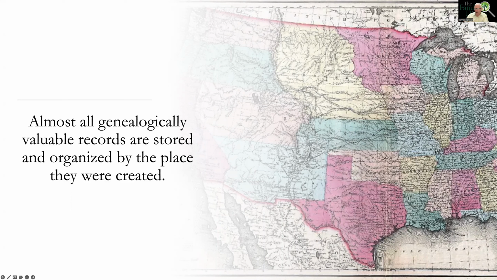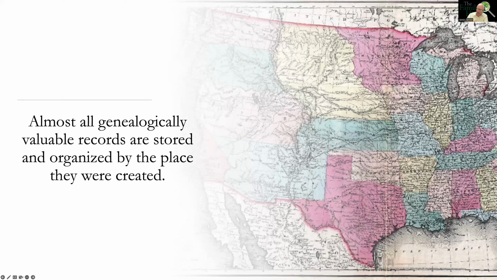Well, a tax record, for example, obviously gives us some information about the individual who paid the tax. But tax records were not kept in order to preserve information about the individual. They had a completely different reason. They were collecting income for the taxing authority, whoever it was that was collecting the taxes.